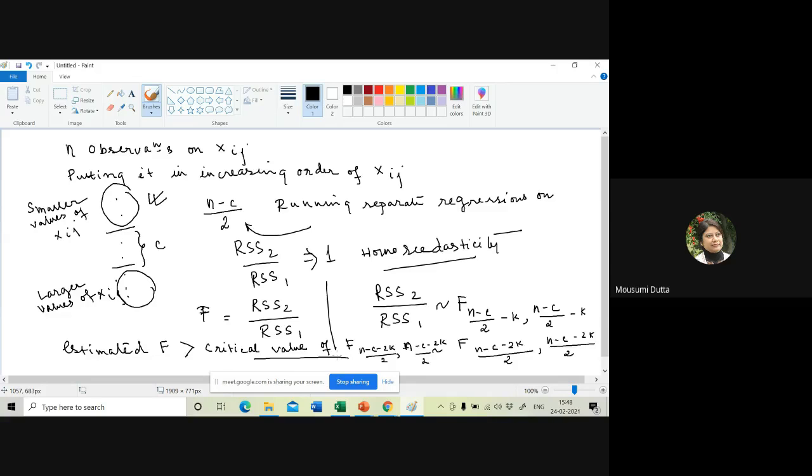So if your estimated F value is greater than the tabular value, in that case you have to reject H naught.